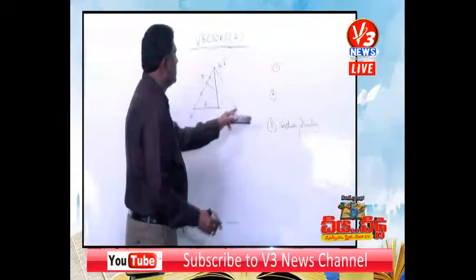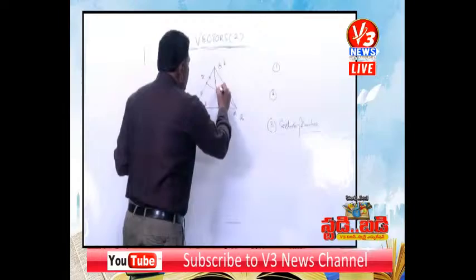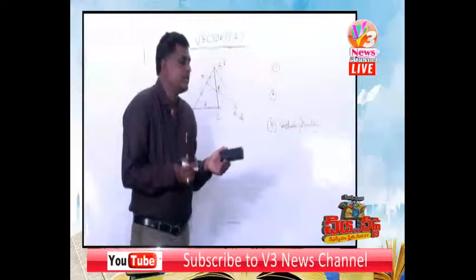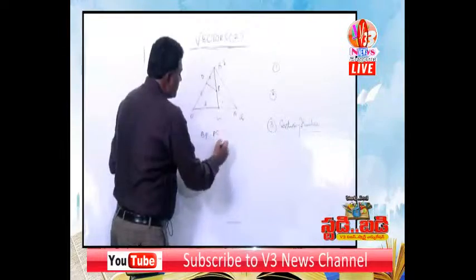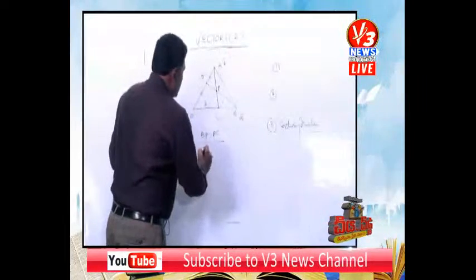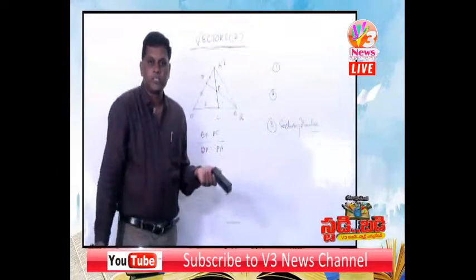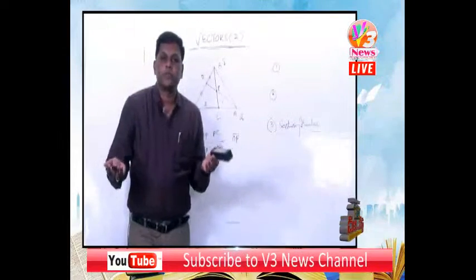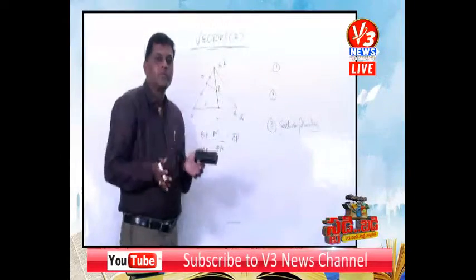and suppose AD and BC are intersecting at a point P. Then any question you may be tested on in this, you may be asked to find the BP to PC ratio, the ratio in which point P divides BC, or the DP to PA ratio, or you may be asked the position vector of P, what is OP bar, etc. Any type of questions you may be tested on are all based on section formula.